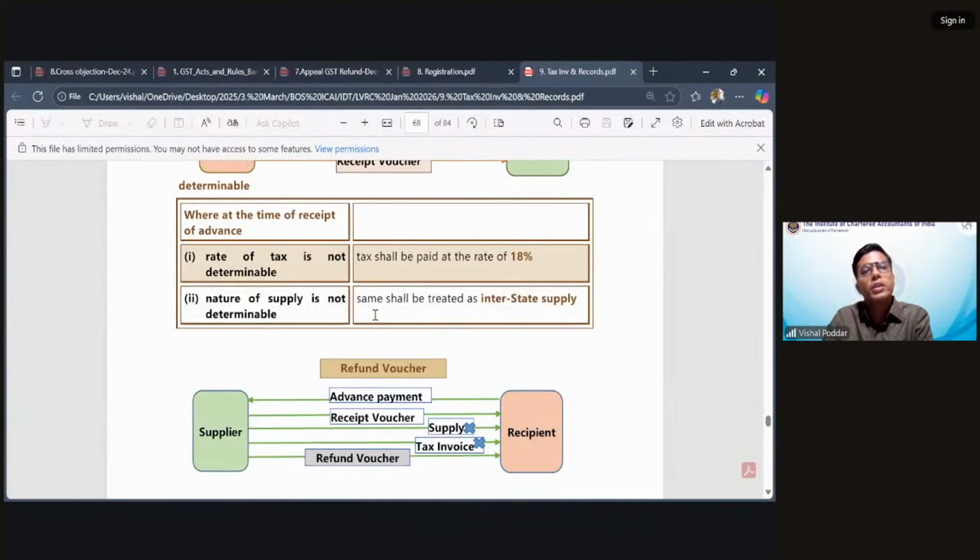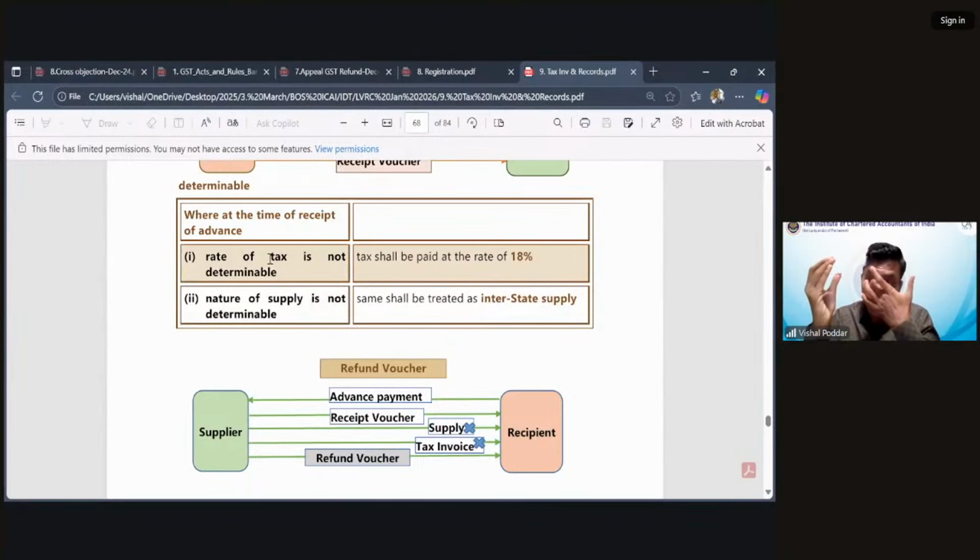Now, when you are giving a receipt voucher, there could be a challenge. What is the challenge? At the time of receiving this advance, you are not sure what the rate of tax will be. Why? Because you have to supply multiple items. The recipient has come and given you a lump sum round figure advance and not said that this advance is for this particular item or that particular item.